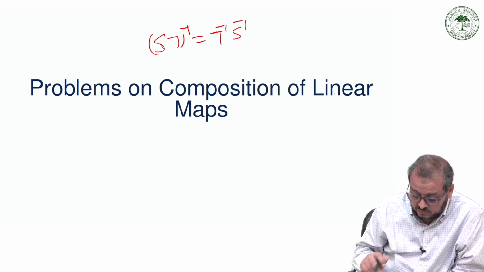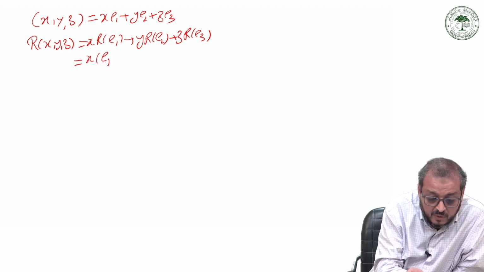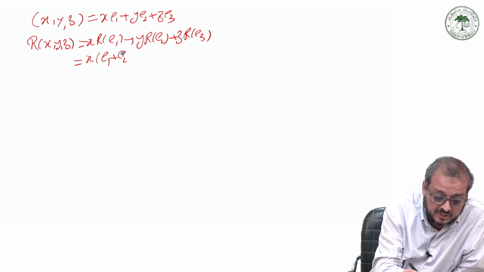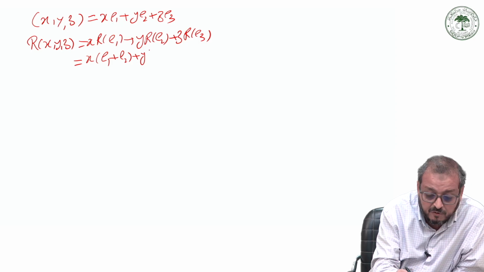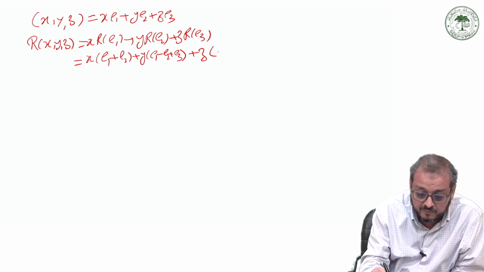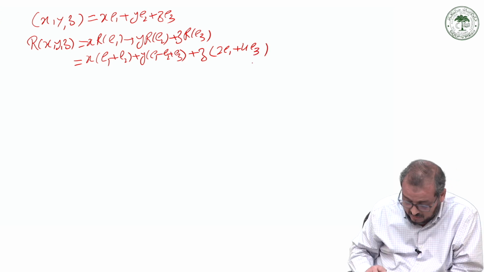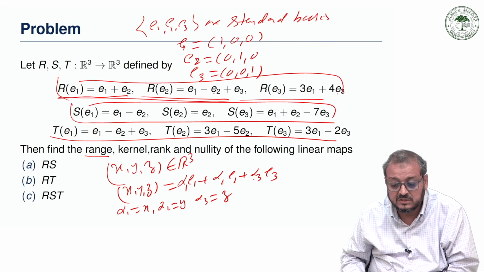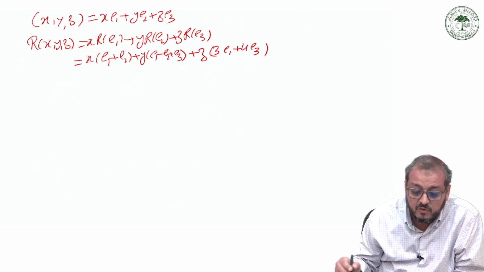So x times R of E1 is x times (E1 plus E2), plus y times R of E2, which is y times (E1 minus E2 plus E3), plus z times R of E3, which is z times (3 E1 plus 4 E3).